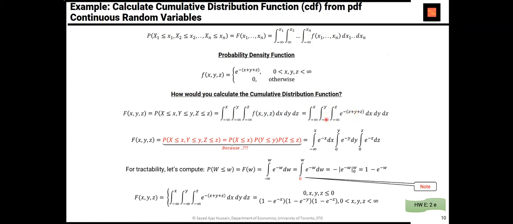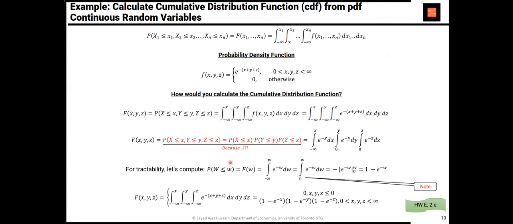You will notice that this joint PDF is almost a product of three other PDFs, because notice that this is equal to e to the power minus x times e to the power minus y times e to the power minus z. It's almost as if e to the power minus something is a PDF unto itself.